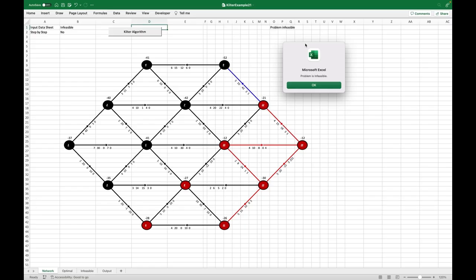And it tried the flow change, it couldn't, so we are stuck with this labeled node and this unlabeled node. And then when it went to do the node change, both sets were empty. So for example, the cut is this one. So we look from the labeled to the unlabeled.